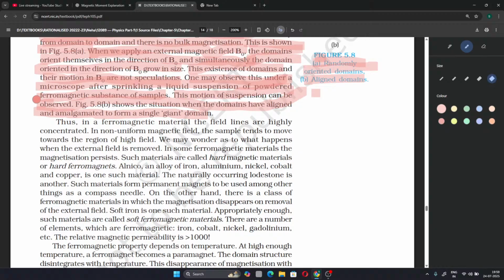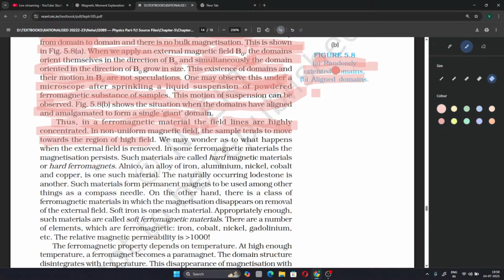Thus, in a ferromagnetic material, the field lines are highly concentrated. In a non-uniform magnetic field, the sample tends to move toward the region of high field.